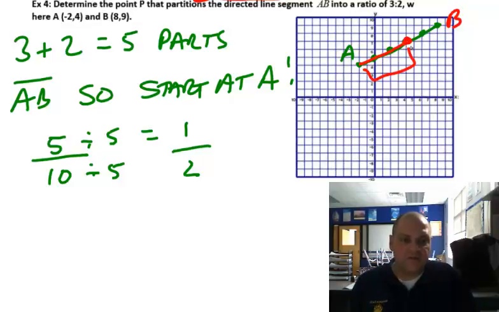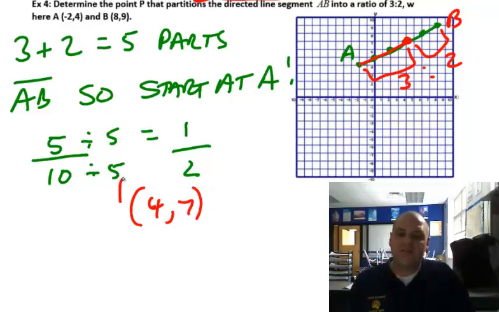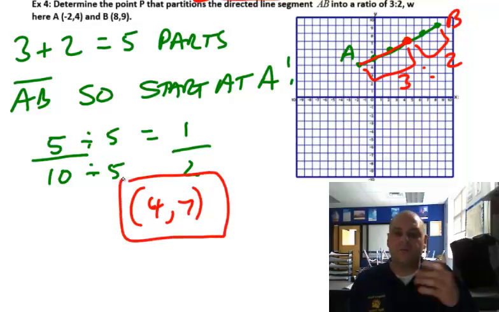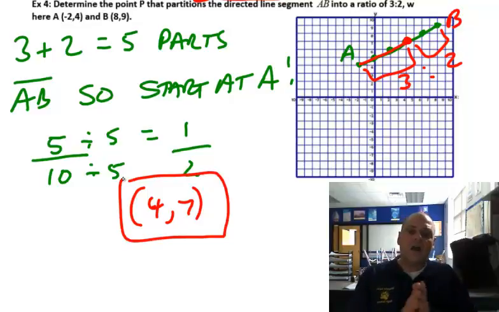There's 3 pieces here, and there's 2 pieces here. 3 to 2 ratio starting at A. So point P is at 4, 7, and that is it. Pretty simple lesson, and we will practice this in class tomorrow. See you then.